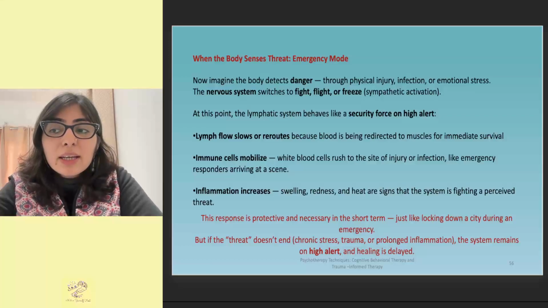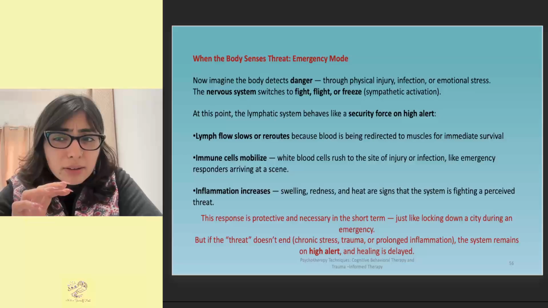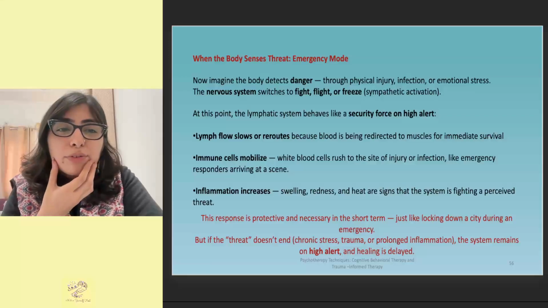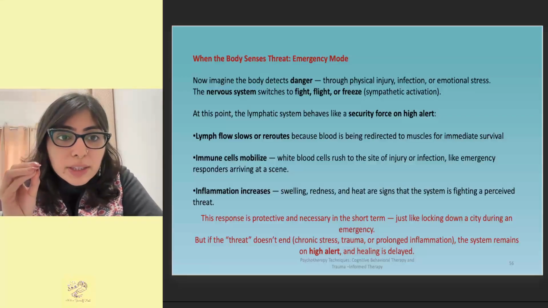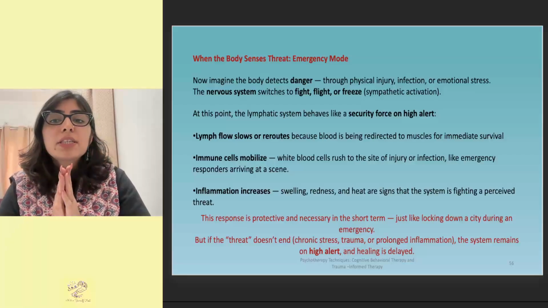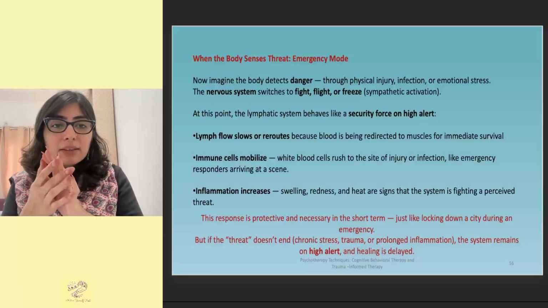That is why if we are not able to sleep properly for a few days or weeks, we will wake up with swollen fingers or puffiness around the face, because the lymph fluid is not flowing smoothly. It is accumulated, which is why we have puffiness around the eyes and face, and swelling.